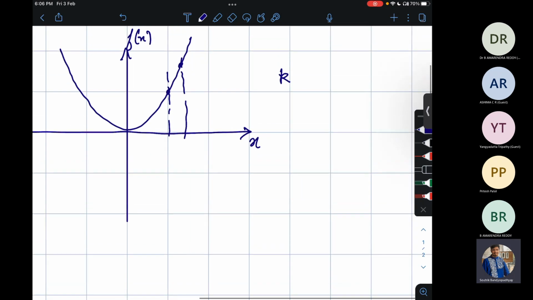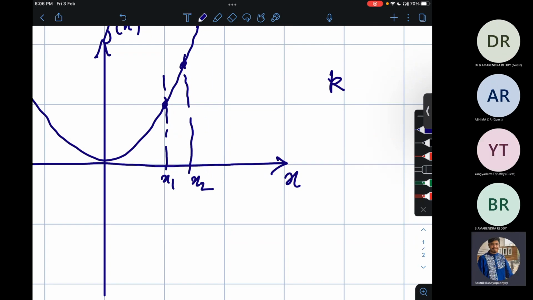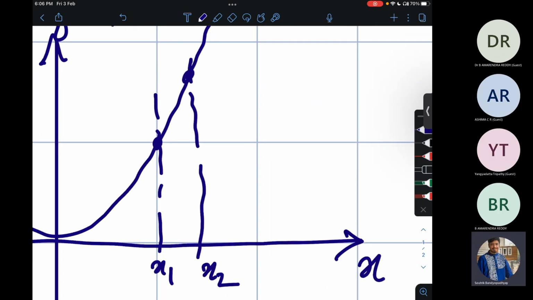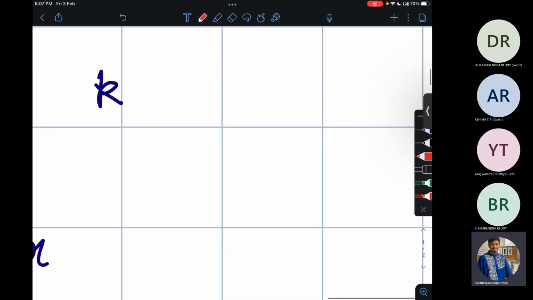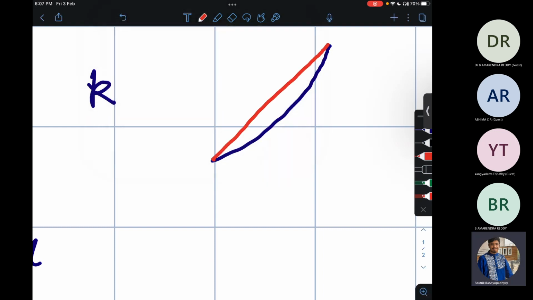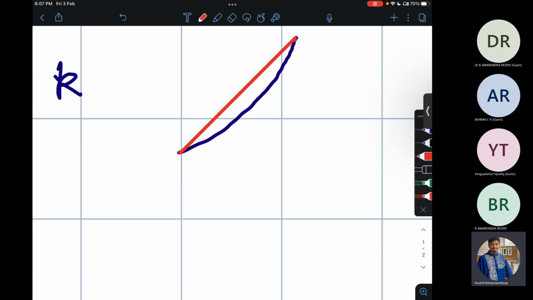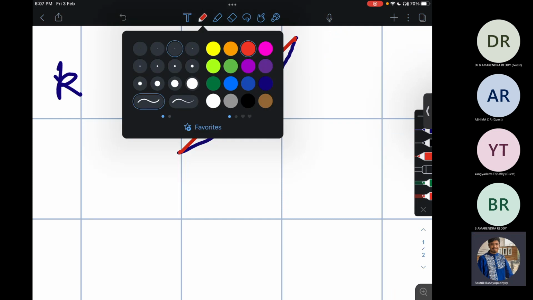In other words, if I look at 2 points x1 and x2, and compute the slope between them, so if you join the 2 points over here, and I magnify it over here, let's say, this is your function, and this was the line connecting them.